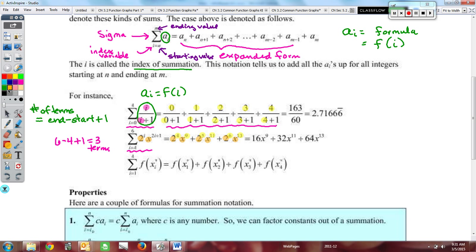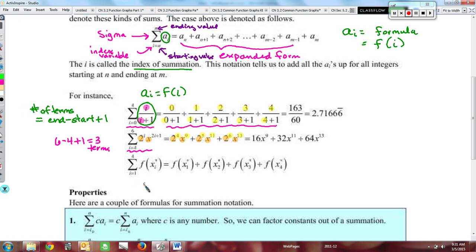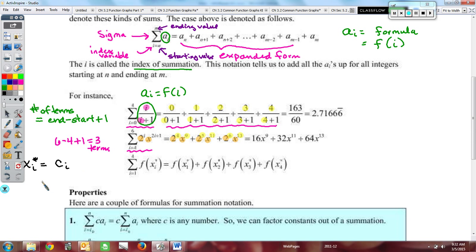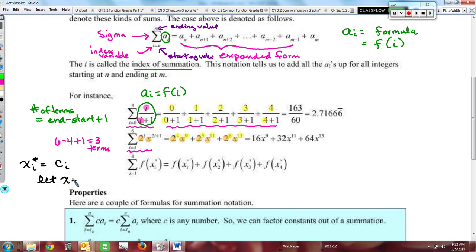Now typically what we're going to see in the calculus section here is this idea that we're going to have two things going on. In this notation, I'm using x sub I star, but I'm going to change this x sub I star and talk about using c sub I. Because in calculus, what we're used to doing is choosing, say, let x equal some value c in an interval.